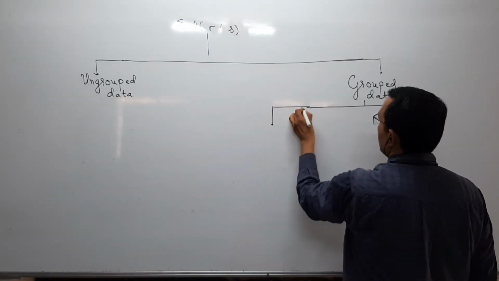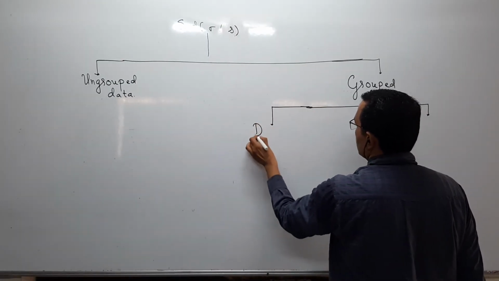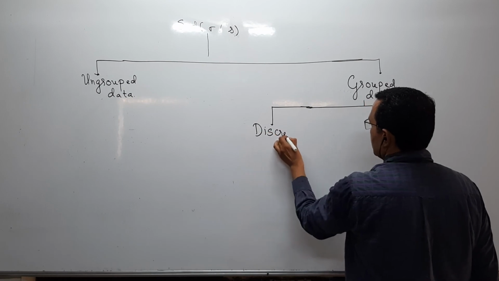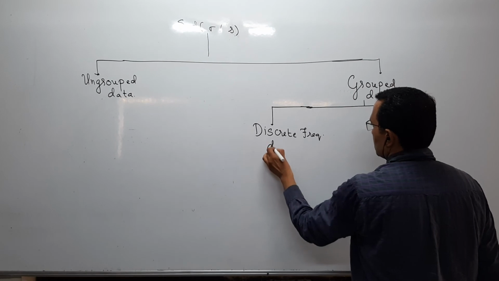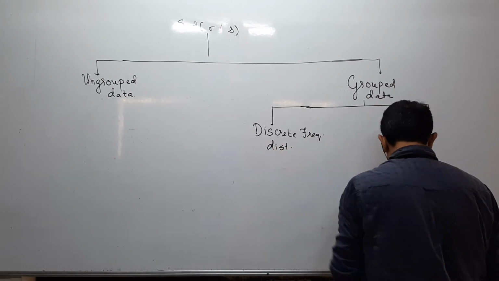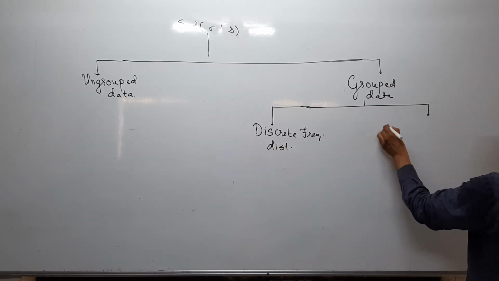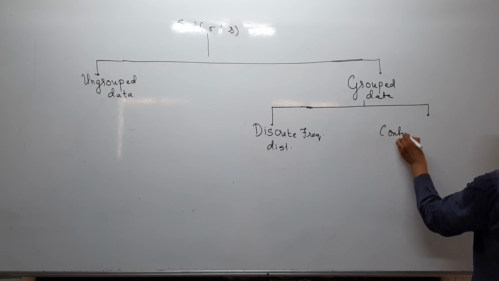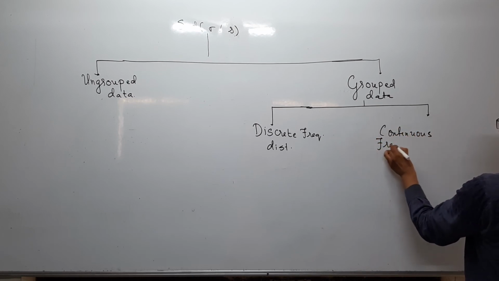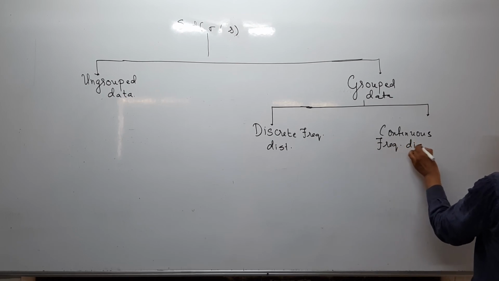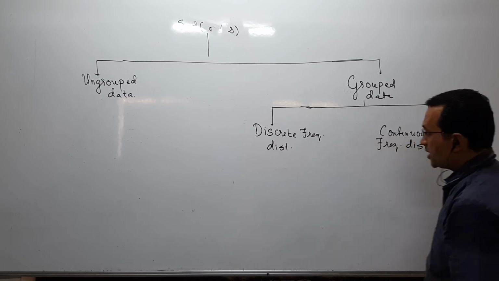Again, group data is divided into two parts: discrete frequency distribution and continuous frequency distribution.